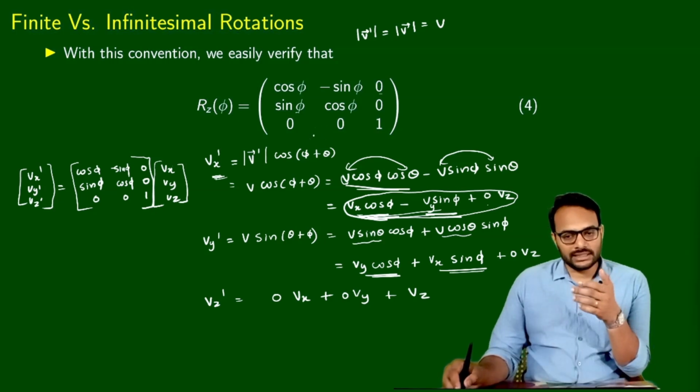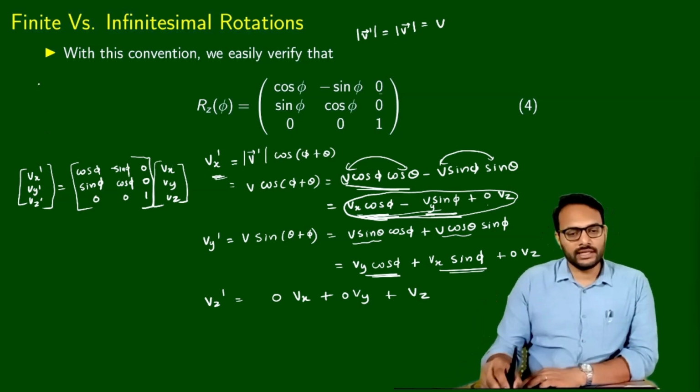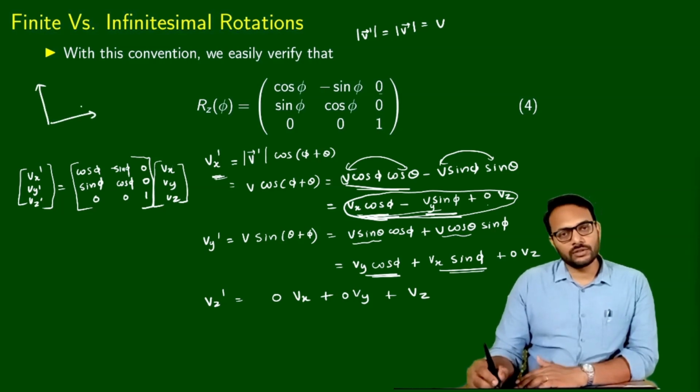This gives us the rotation matrix corresponding to a rotation about the z-axis by an angle phi, in the active sense. In the same way, you could find the rotation matrix for rotation about the x-axis and about the y-axis. In the first case, for rotation about the z-axis, we took the axes like this: x, y, and z.